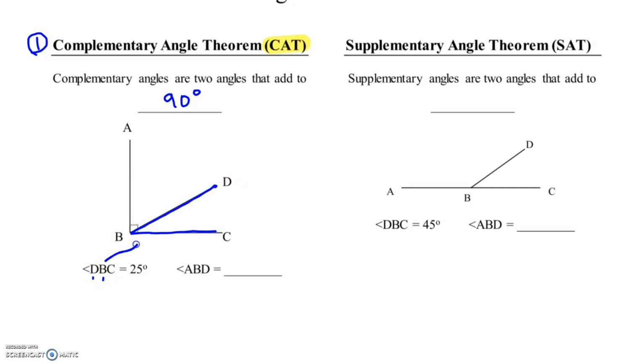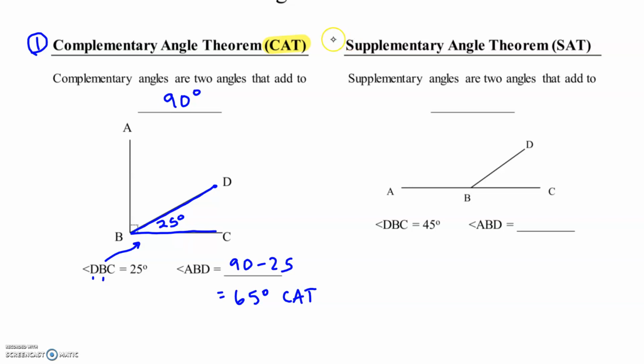So this angle right here is 25 degrees. And we want to know what angle ABD is. To find angle ABD, we know that it would be 90 subtract 25, and that's going to give me 65 degrees. And that is by the theorem CAT, or complementary angle theorem.